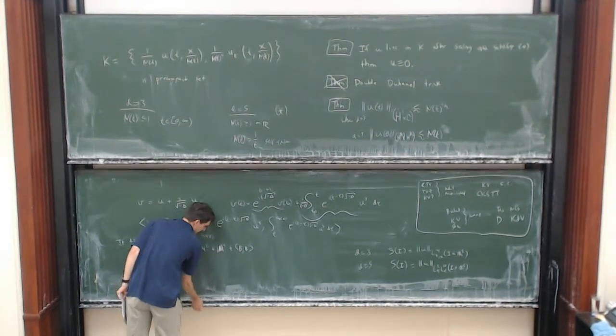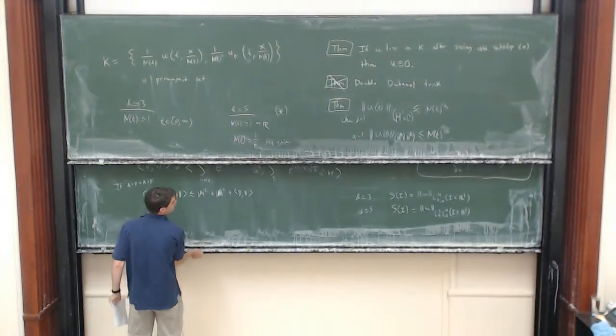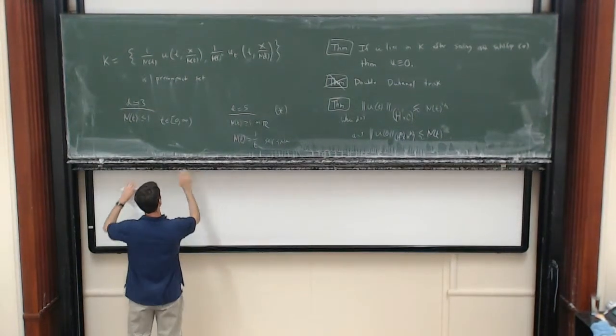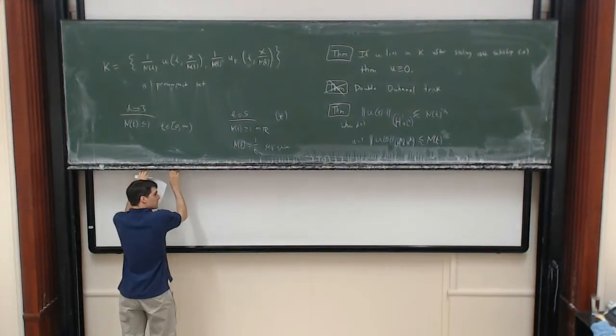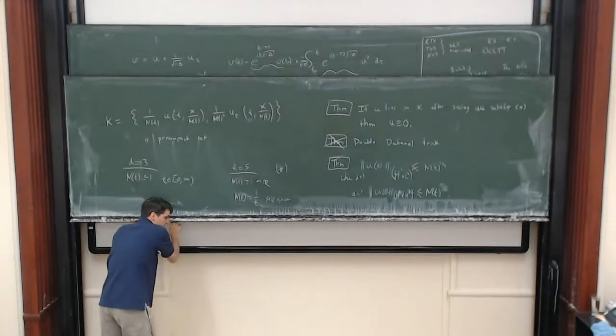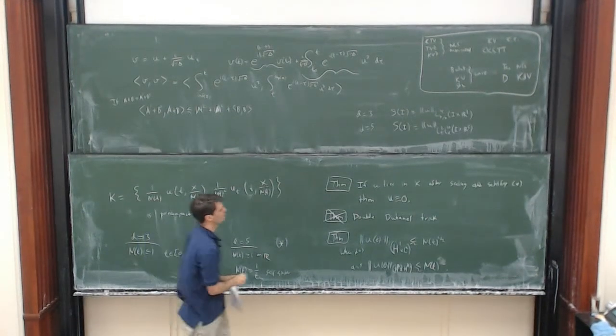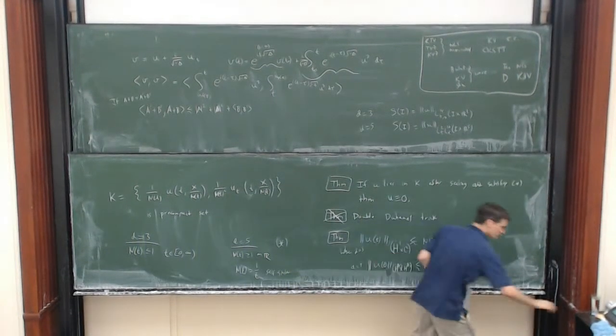So the B's, we use the Sharp-Huygens principle.